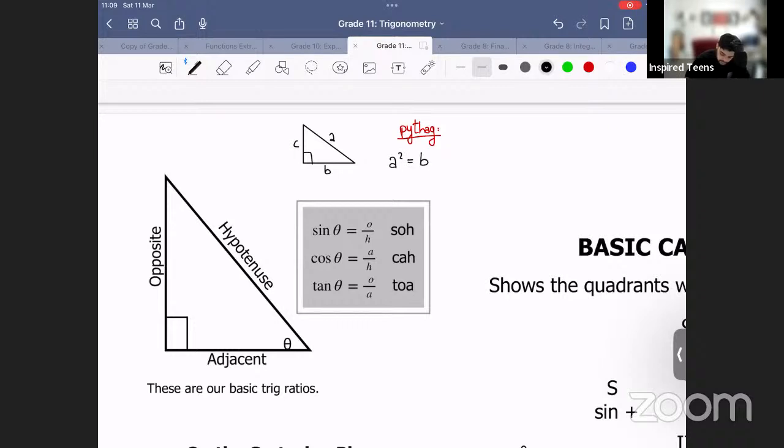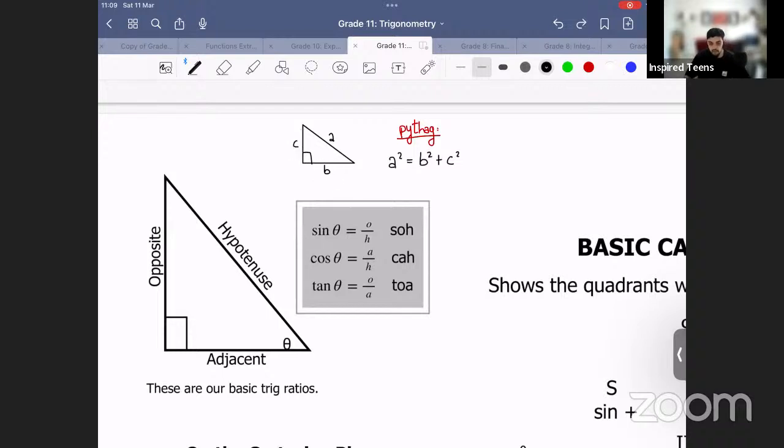So A squared is equal to B squared plus C squared. Somebody who doesn't understand Pythag, tell me.